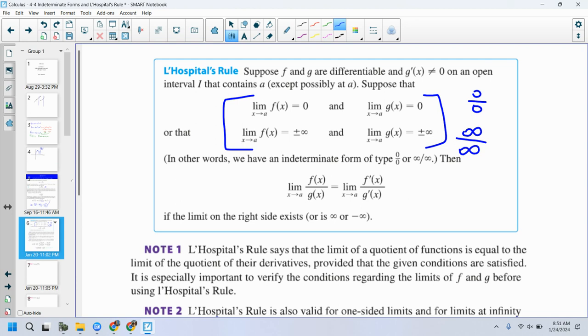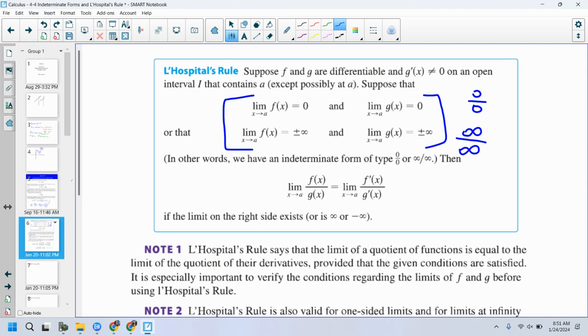If you get 0 over 0 or infinity over infinity, in other words, an indeterminate form, then you can apply L'Hopital's rule.